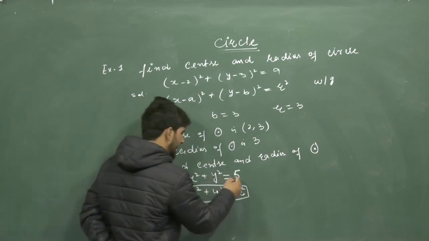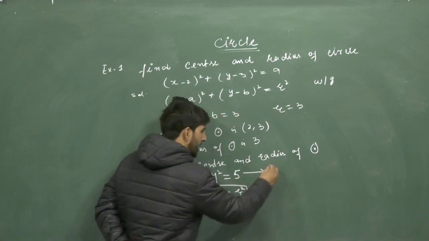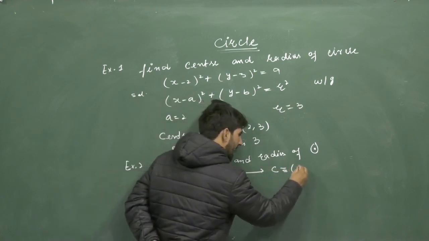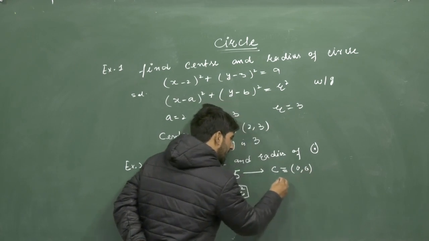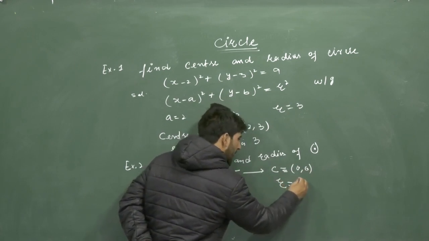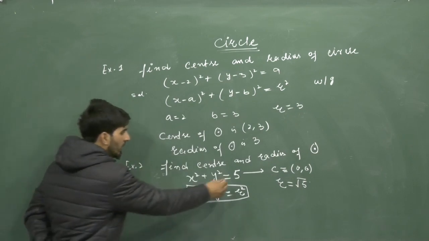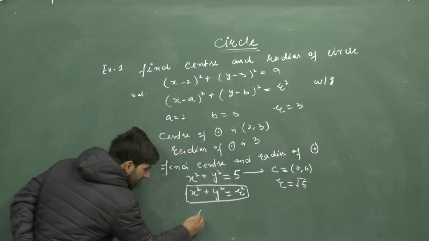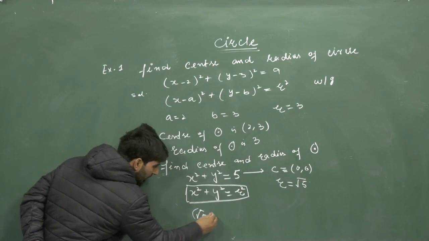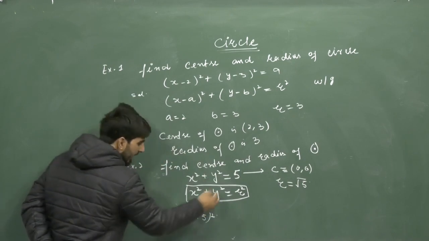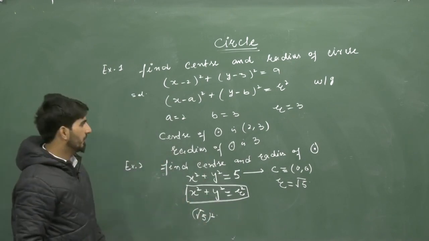So here this is the equation of circle with center at origin and radius square root of 5, because root 5 can be written as root 5 square.